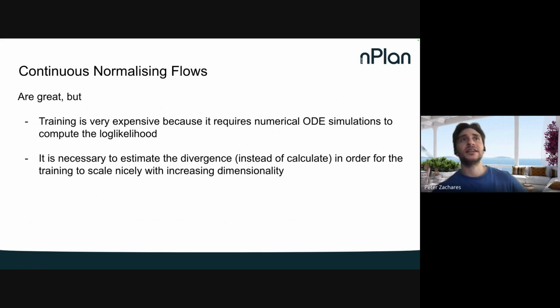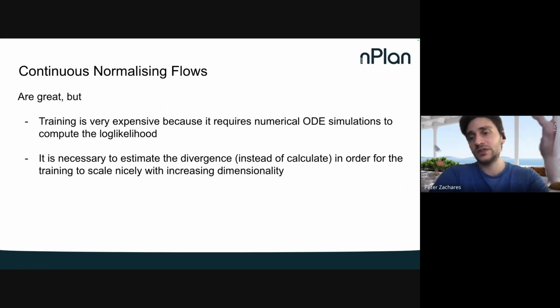The second thing is that in higher dimensions, you actually have to estimate the divergence, I think, in order to make sure that it doesn't take too long to calculate it. So you need to have a good way of estimating the divergence for higher dimensional inputs, like with images.